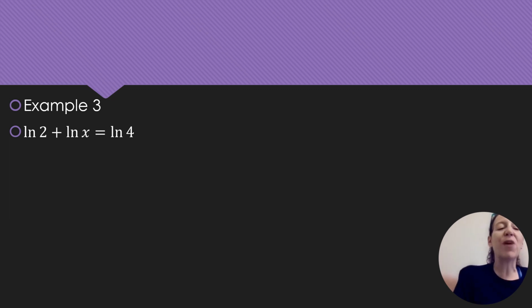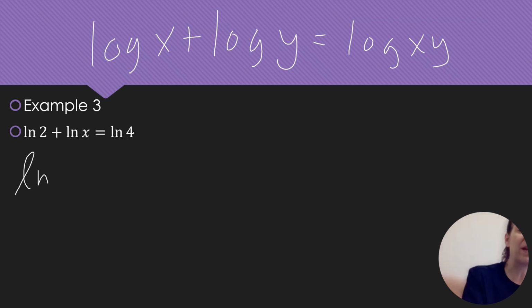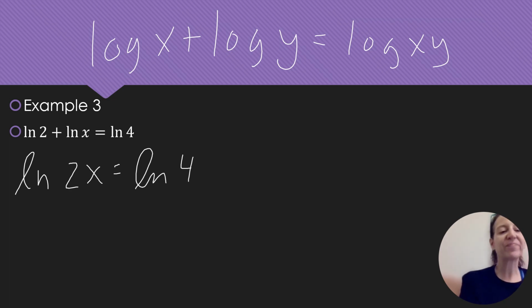But in this one, if I just take the 2 logarithms that are on the left side, the natural log of 2 and the natural log of x, I can combine those together using that first property. So log x plus log y is equal to log xy, which in this case would end up being the natural log of 2x is equal to the natural log of 4.